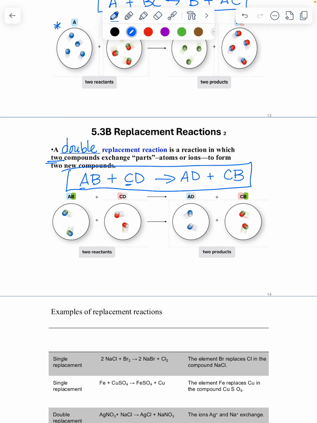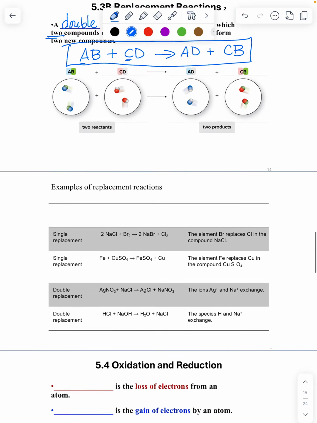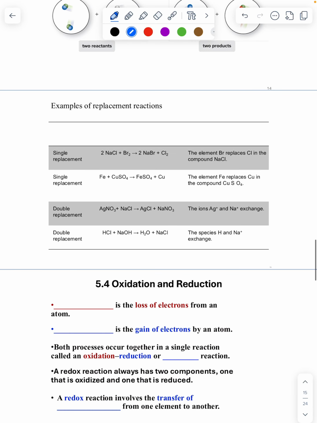Here are some examples that you see. Oftentimes students confuse single replacement with double replacement. Here are a couple of real examples to take note of. One thing to recognize in a single replacement reaction, you should always pay attention to what type of element the single element is.